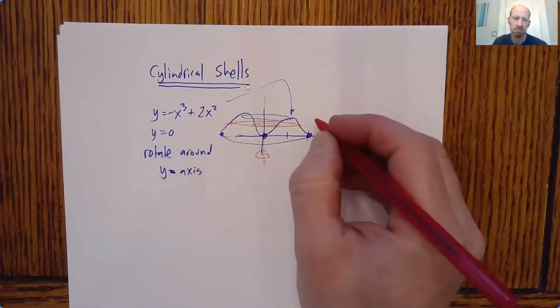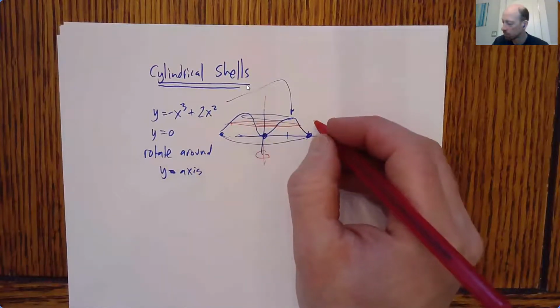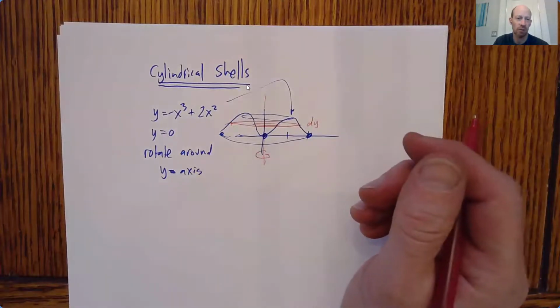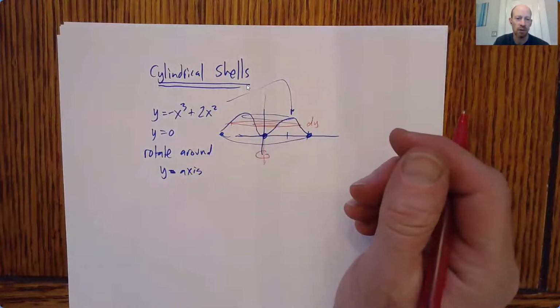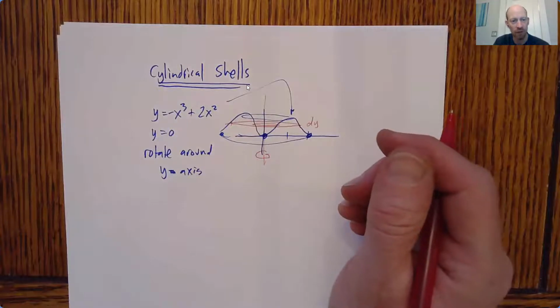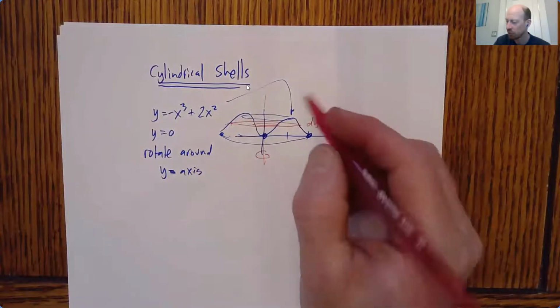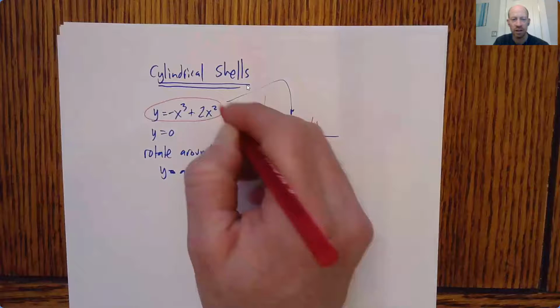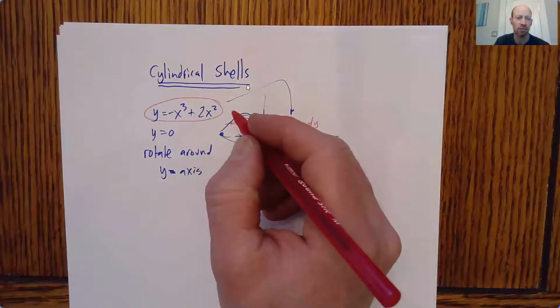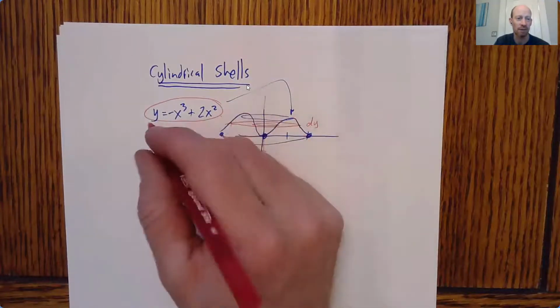That would mean the thickness of that disc or washer is dy, which would mean everything has to get changed into y's. And here's where we run into a problem.